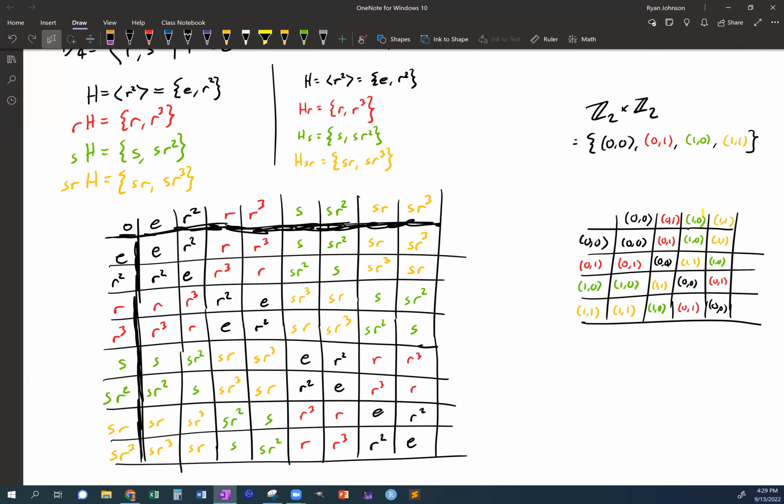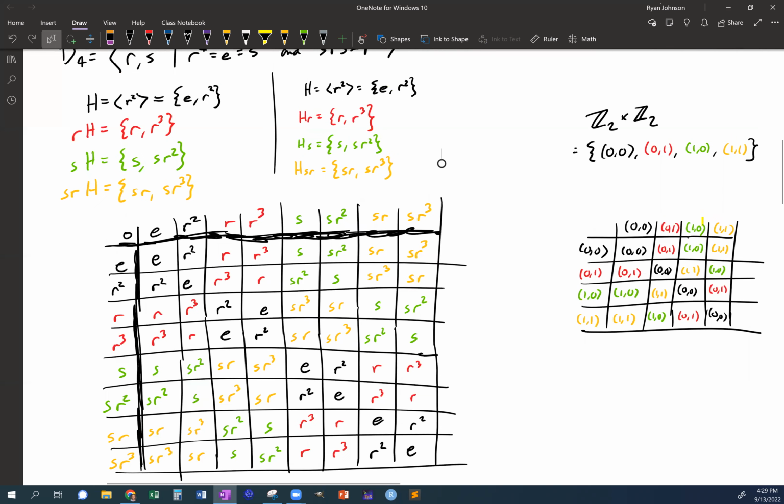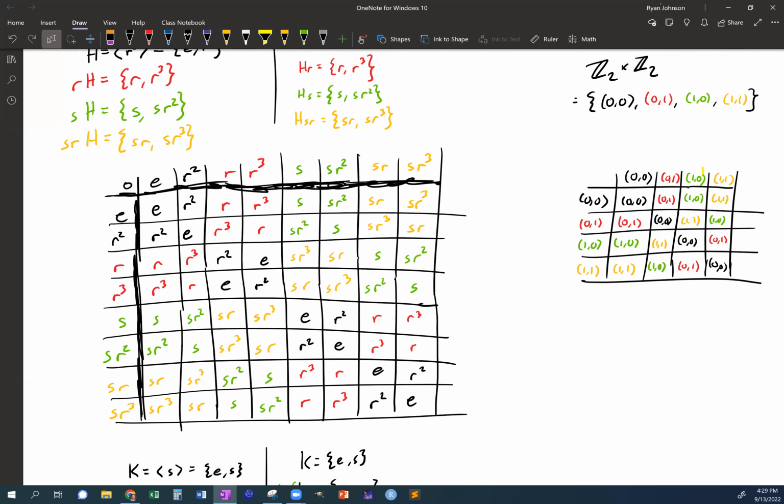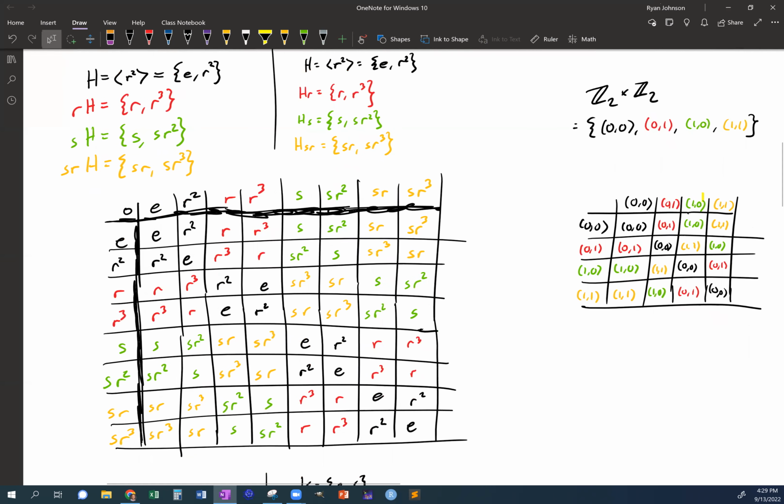And that's an essential thing about the group D4. The fact that we can write it as having this subgroup E and R squared, and then the cosets of that subgroup acting like Z2 cross Z2, tells us something about the structure of the group.